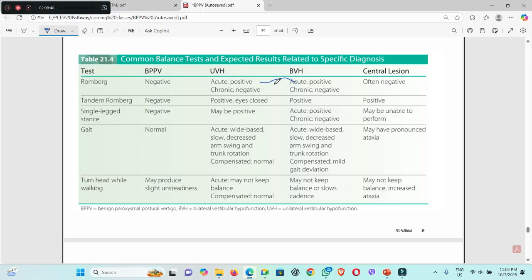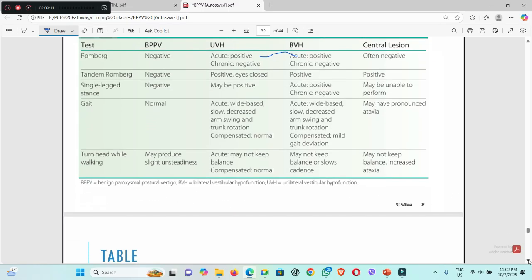But in the chronic stage, the Romberg test will be negative in both UVH and BVH. In central lesion, the Romberg test is often negative. There's no technique to remember it. Read it, understand it, correlate it how you want to. Okay, read this table.